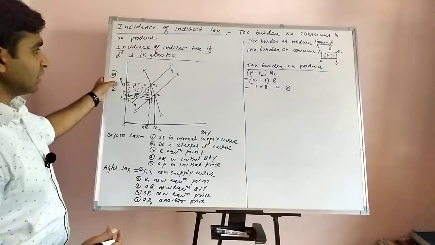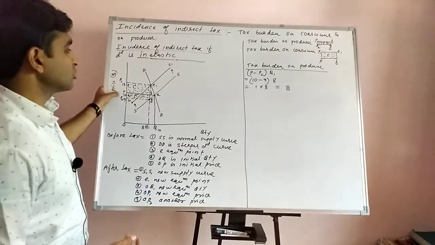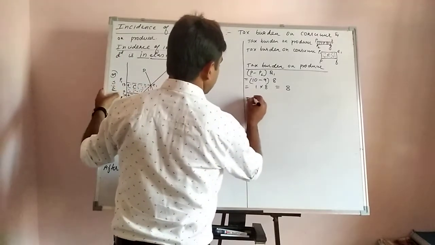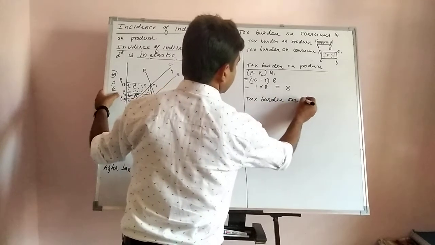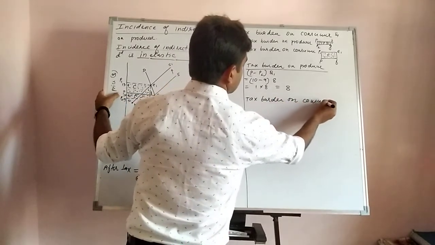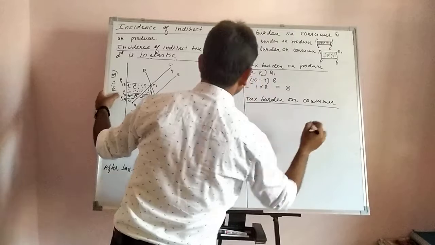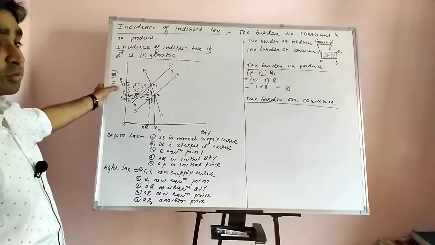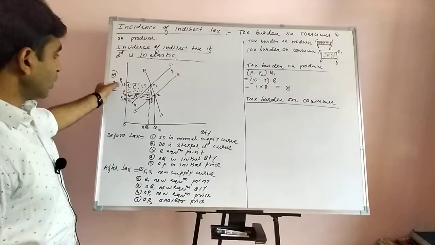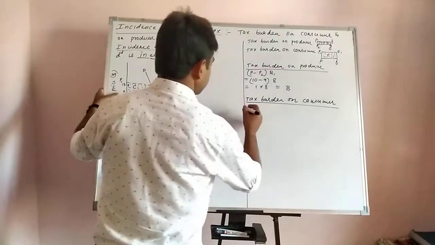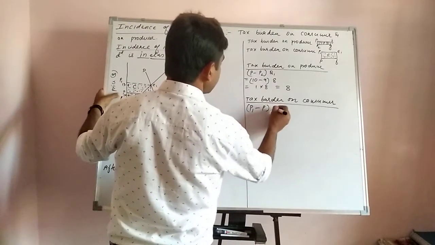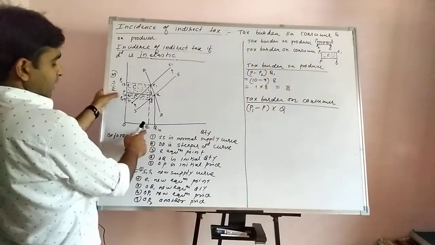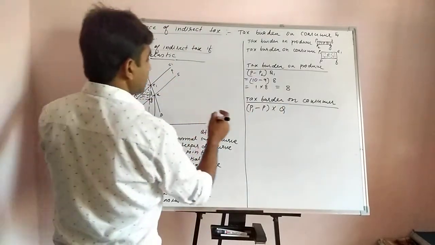So we'll be having P1 minus P. So tax burden on consumer is how much? P1 minus P into this particular quantity Q1. So how much is P1 value?